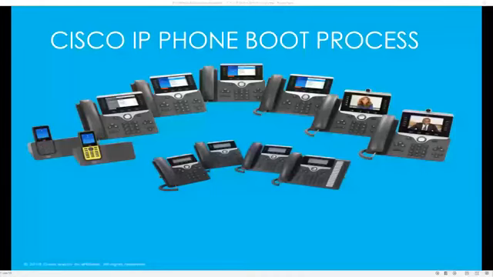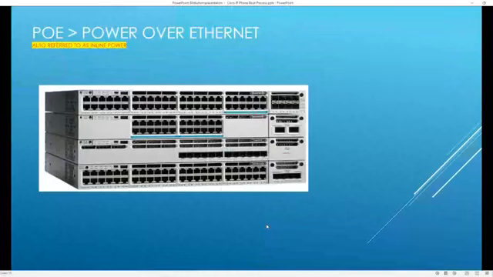All right. So what happens when a Cisco IP phone boots up? Even before the Cisco IP phone boots up, let's understand one or two terms that are really important. First is power over Ethernet, also referred to as inline power. So what is power over Ethernet?